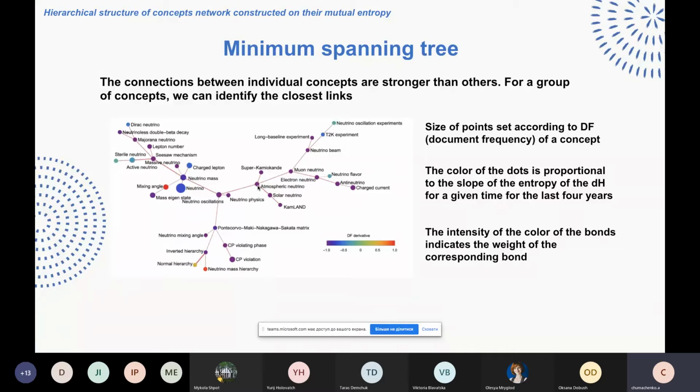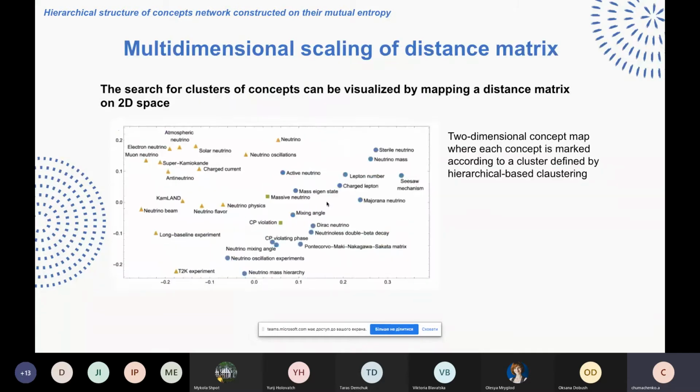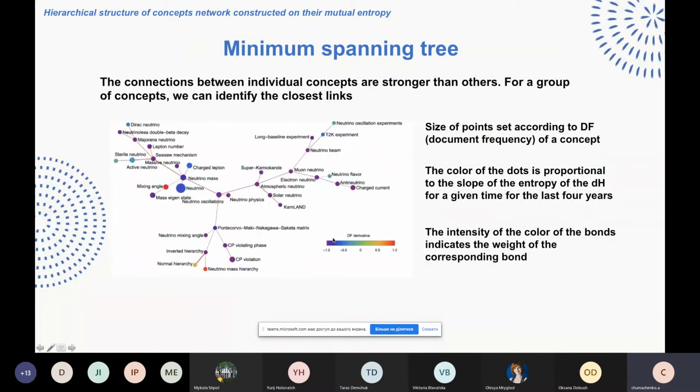For example, we have atmospheric neutrino, and we calculate the time series of the entropy for this particular concept, and we can find the derivative for the past years, starting from 2016 and ending at 2018, and the color will say whether the entropy grows or decays for each concept.